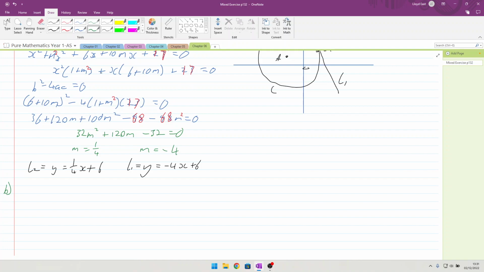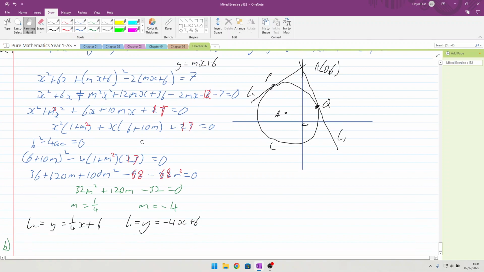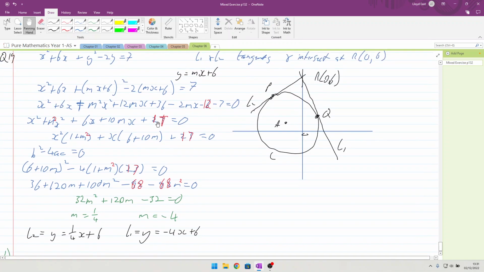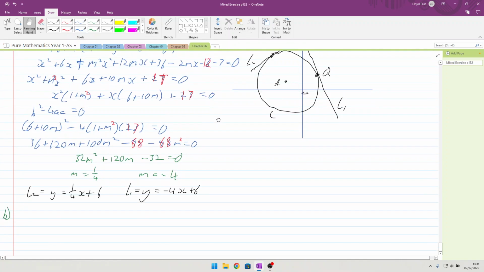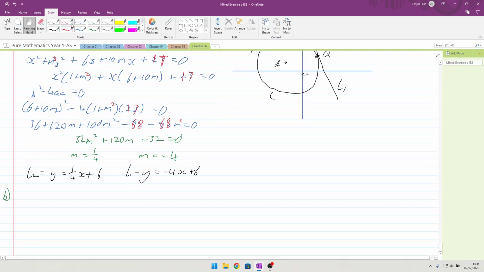Okay, so now that we know that we've got the intersections here, and we've got where they are equal to after putting it into the equations here, we can substitute in the m values into this line here, so that we can find the x values.